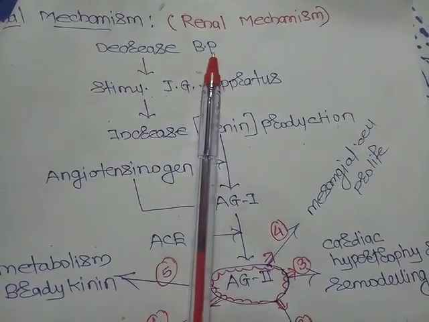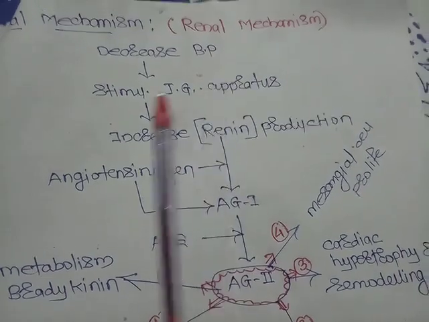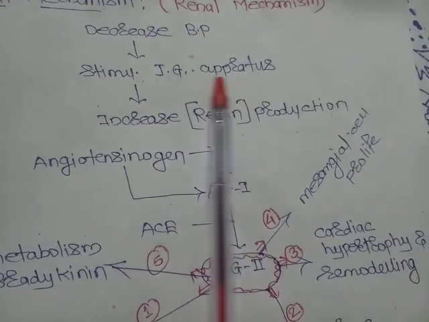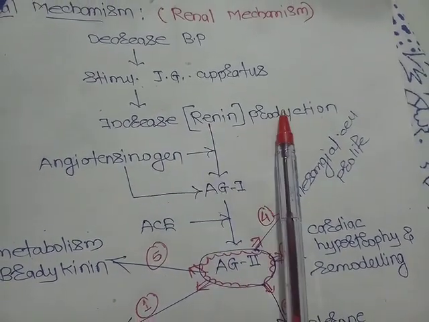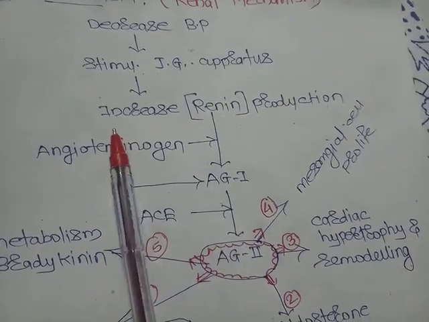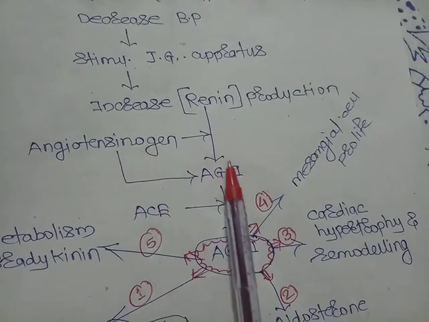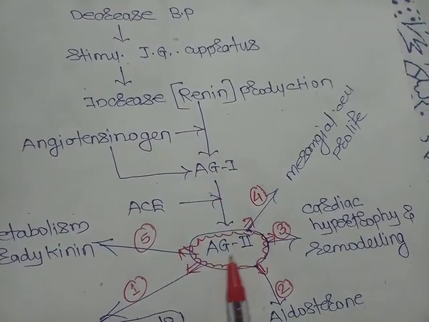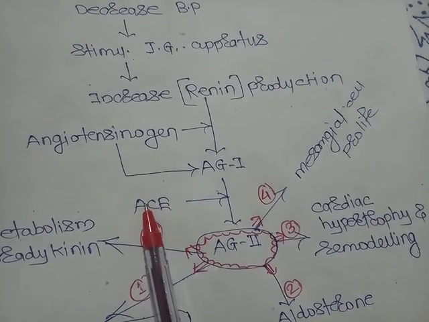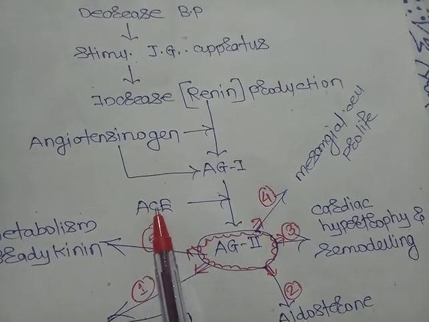So in the renal mechanism, whenever there is a decrease in blood pressure, stimulation of the juxtaglomerular apparatus causes increased renin production. That renin converts angiotensinogen into angiotensin 1, and angiotensin 1 is converted into angiotensin 2 with the help of the angiotensin converting enzyme.